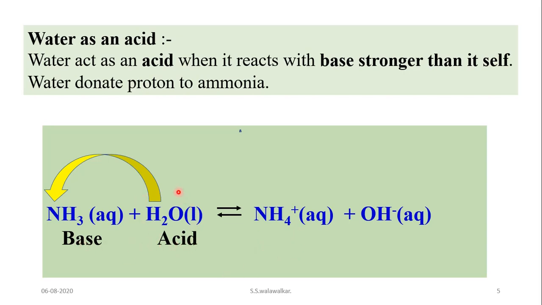Water forms its conjugate base, the OH ion. According to Bronsted-Lowry theory, an acid is a proton donor, so water acts as an acid and ammonia acts as a base.